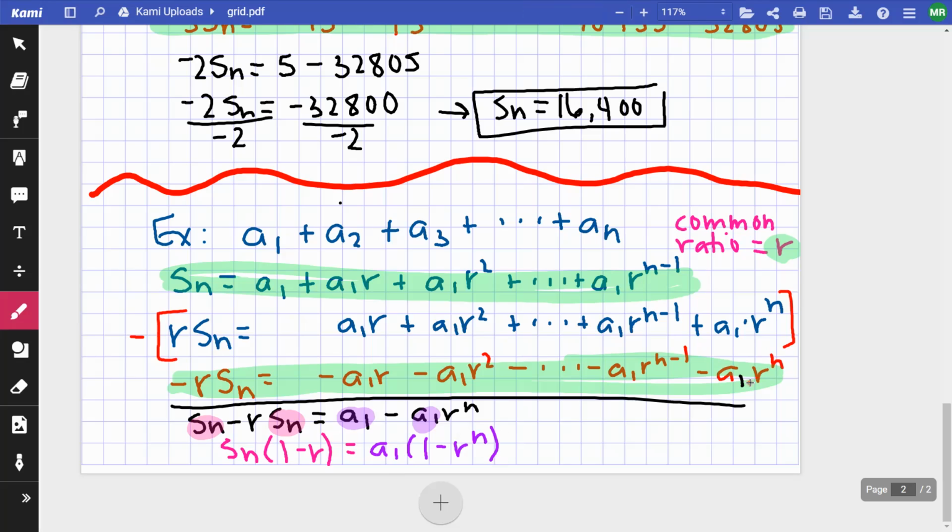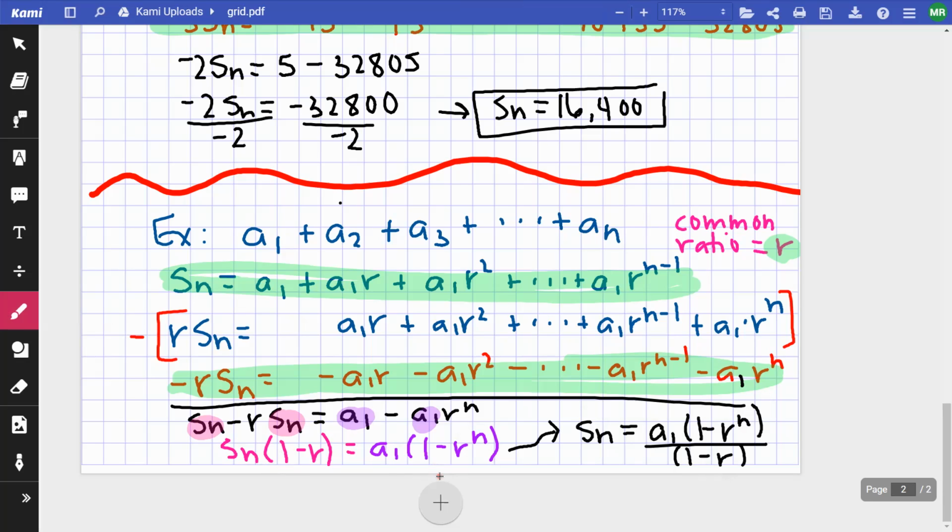Now, the last thing I'm going to do is divide both sides by 1 minus r. So I'm going to get S sub n. And when I divide this by 1 minus r, it's gone. I'm going to also divide this side by 1 minus r, which gives me a sub 1 times the quantity 1 minus r to the n, all over 1 minus r.